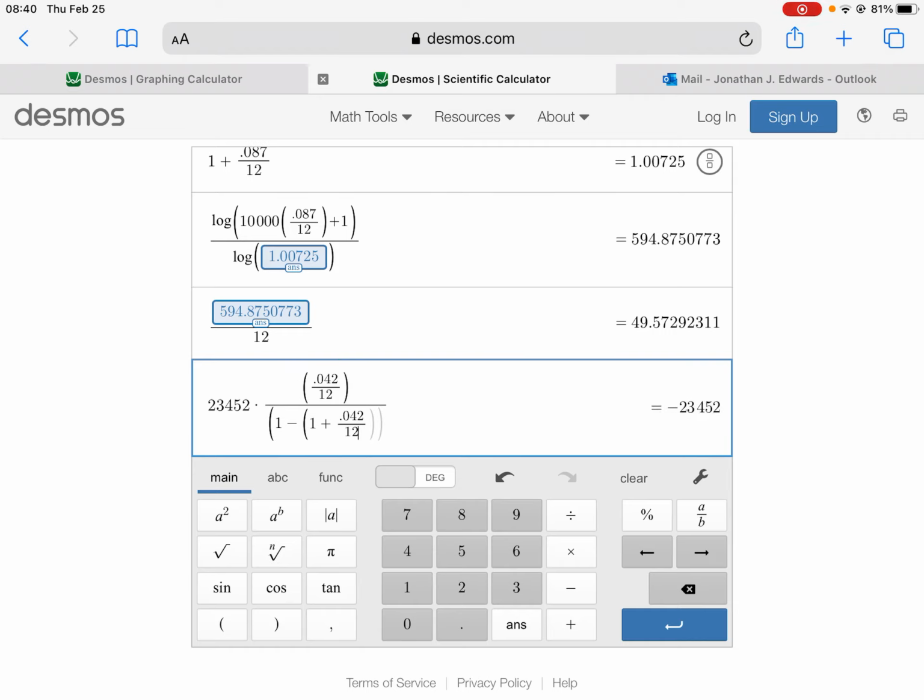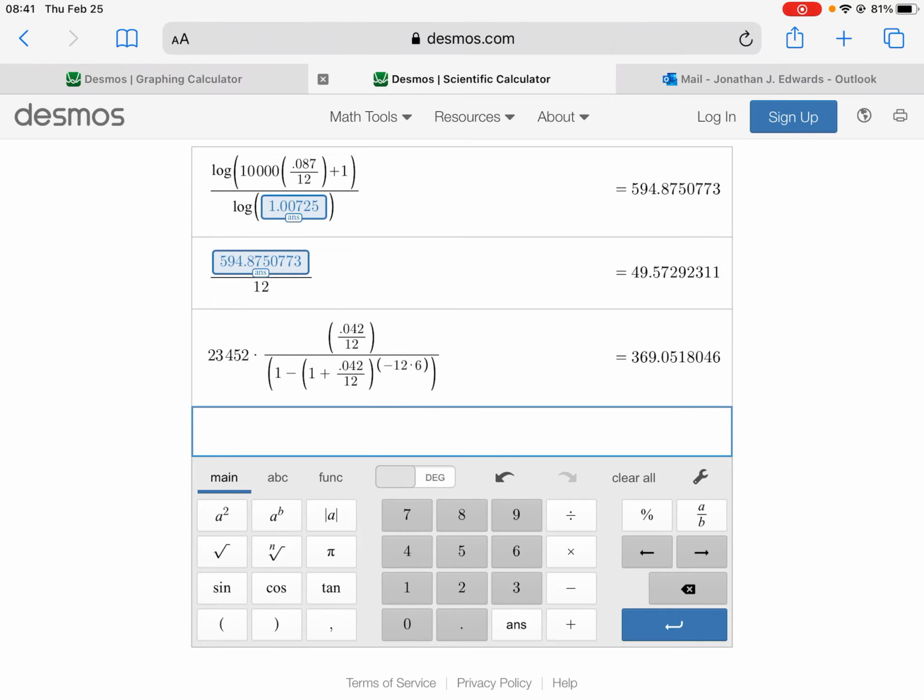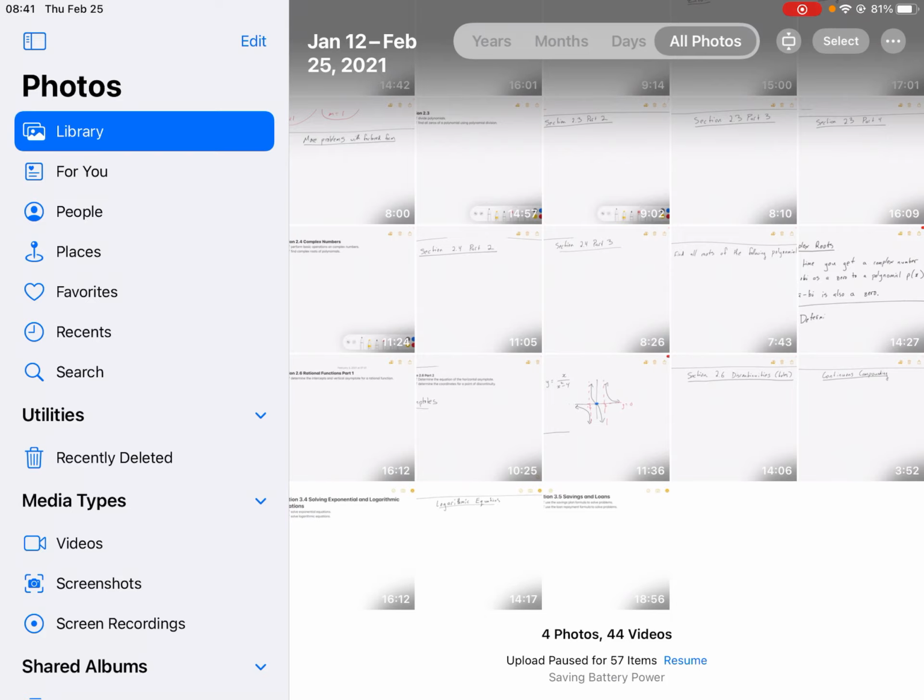It's kind of tedious to type all this out, but it gives you an answer, which is nice. Negative 12 times 6, parentheses. And there is our monthly payment, $369.05.